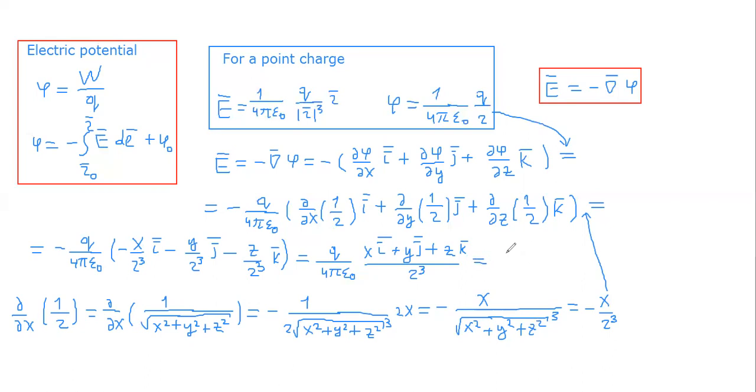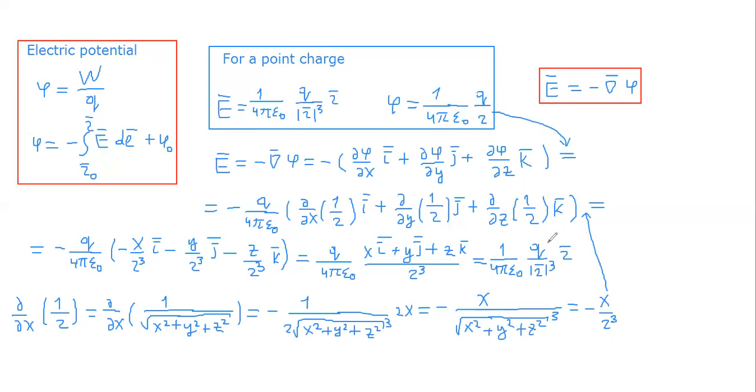This can be written as 1 divided by 4 pi epsilon 0, Q divided by modulus of r in third order, multiplied by r vector.